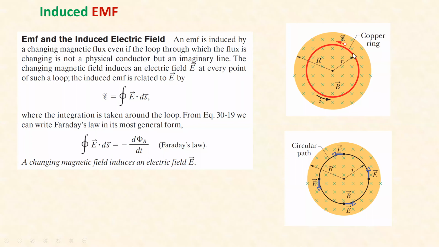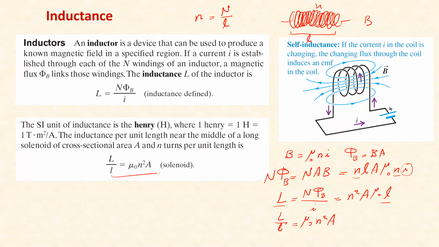So the inductance per unit length is equal to mu naught n squared A, which is this formula. This is pretty much the only geometry for which we can calculate exactly what the flux of magnetic field is and what the inductance is. But for any device, there is some inductance. Usually you can measure it experimentally. All right, any questions?